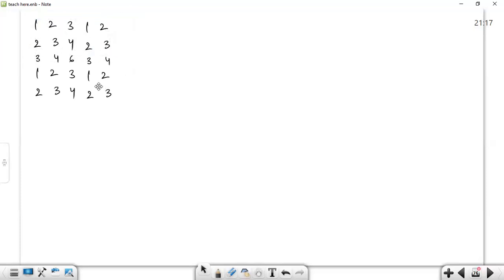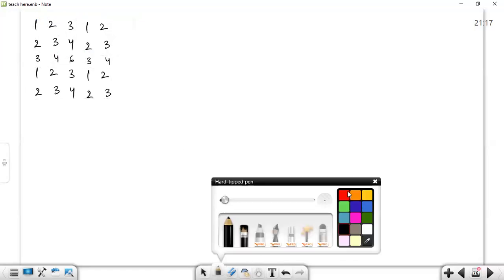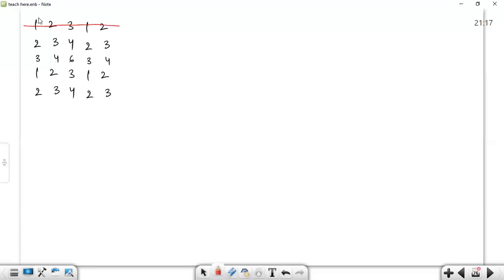So now this is a 5 into 5 matrix. But we have to cross the first row and the first column.